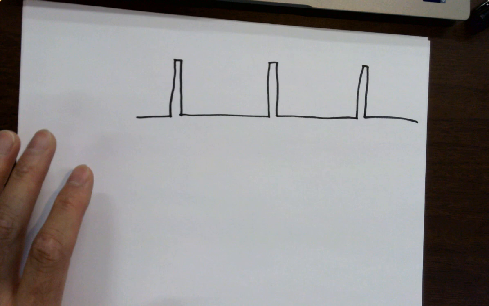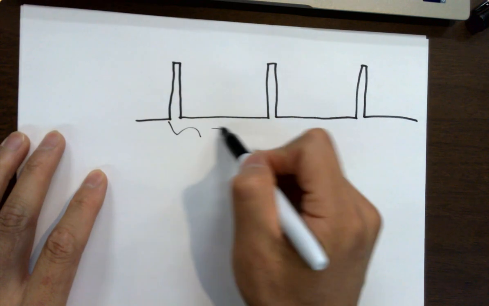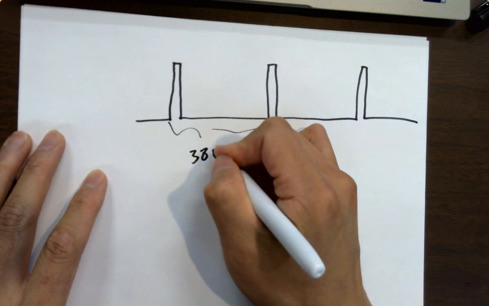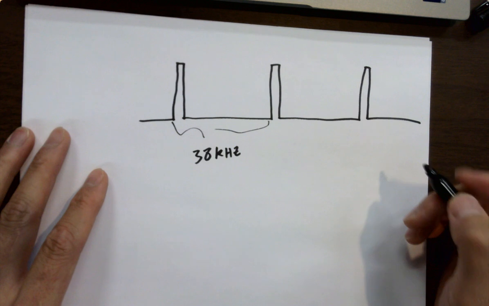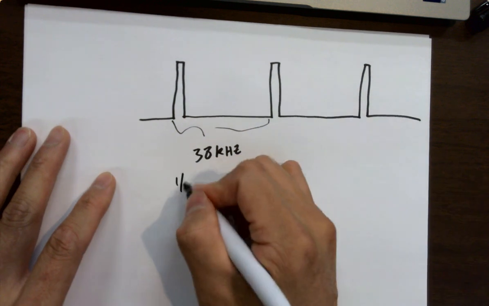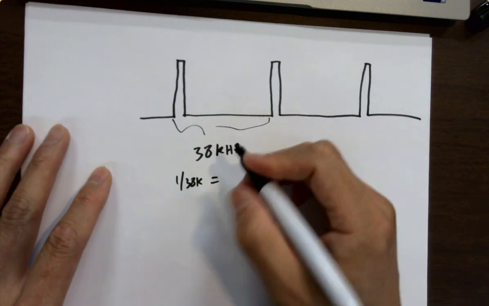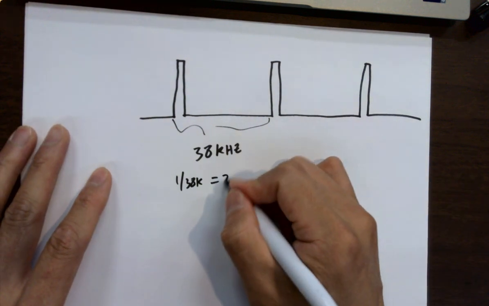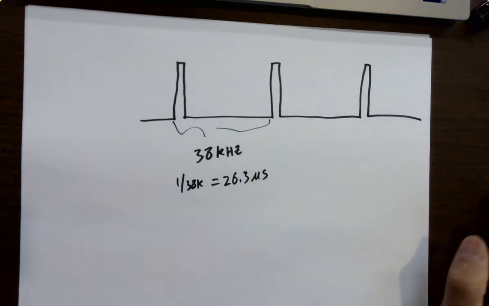If the frequency here is given as 38 kilohertz, what is the period? 1 over 38K. I'll just give it to you to save time: 26.3 microseconds.